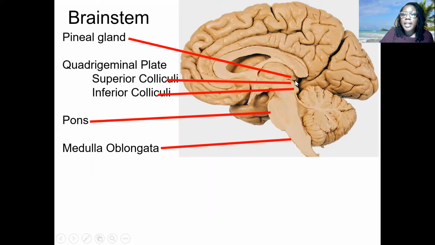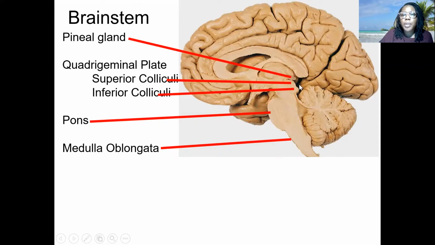It's also going to have connection to the optic chiasm, which are nerves that are associated with our autonomic nervous system, and the release of melatonin and so on. Again, connecting to our sleep-wake cycles. Then we've got the quadrigeminal plate. The quadrigeminal plate, sometimes referred to as the tectal plate, is really a collection of two layers of structures.